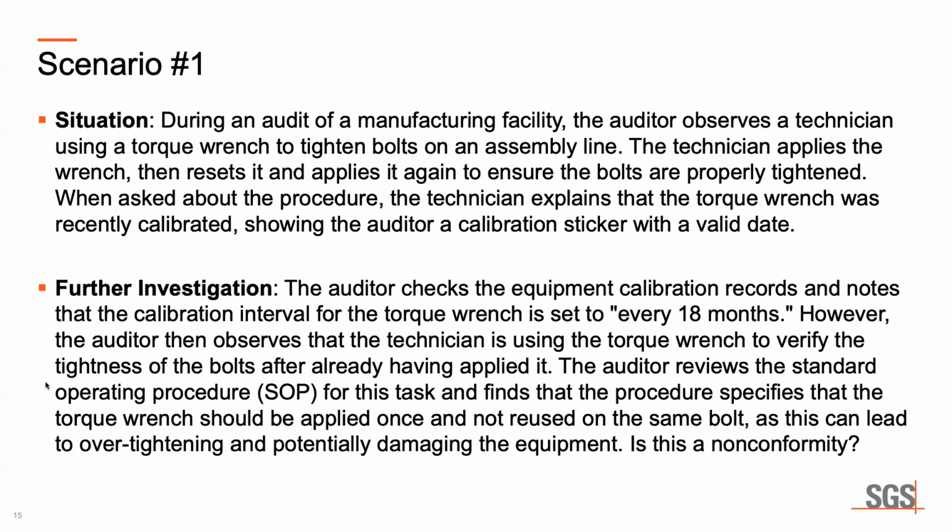The auditor checks the equipment calibration records and notes that the calibration interval for the torque wrench is set to every 18 months. However, the auditor then observes that the technician is using the torque wrench to verify the tightness of the bolts after already having applied it.